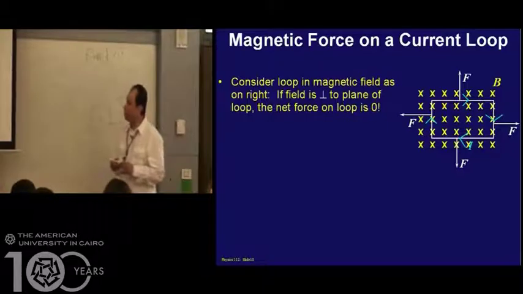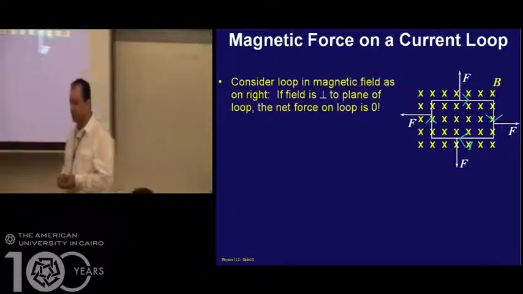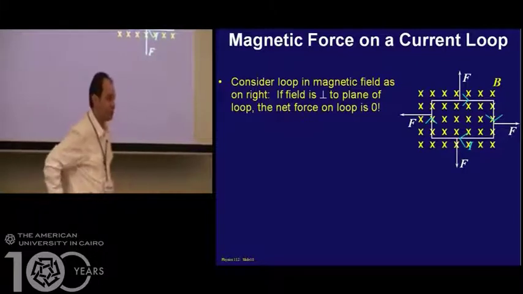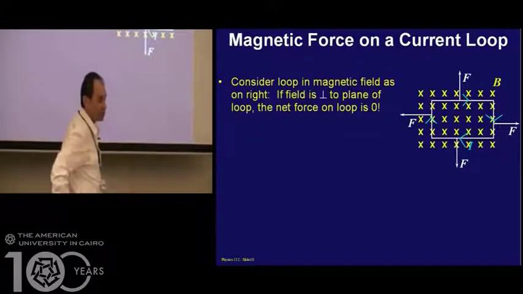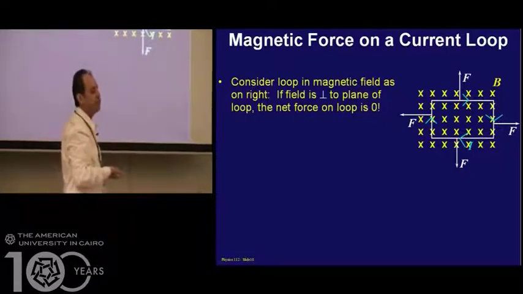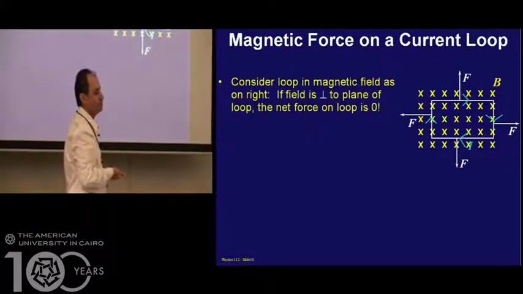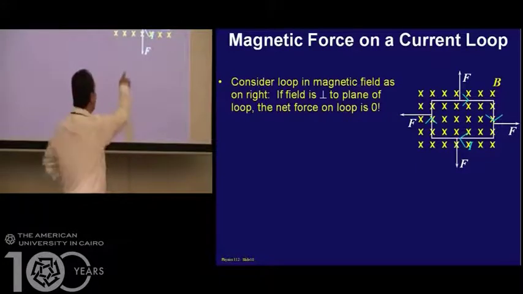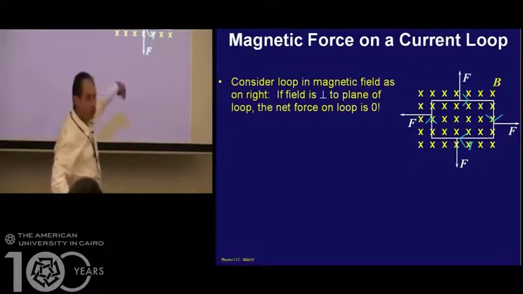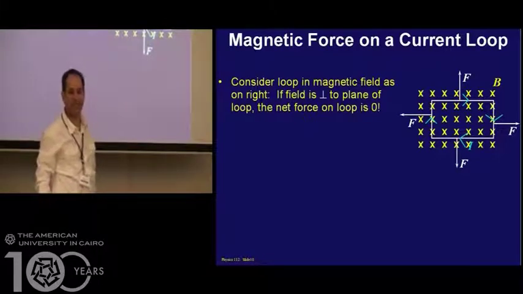So let's now take a segment. I will take the upper segment. What is the direction of the force on that upper segment? Up. What is the magnitude of the force on that upper segment? I times L times B. I will take the bottom one. What is the direction of the force?